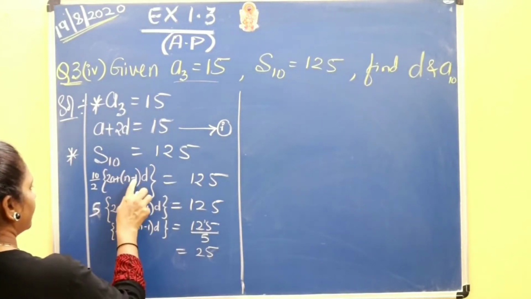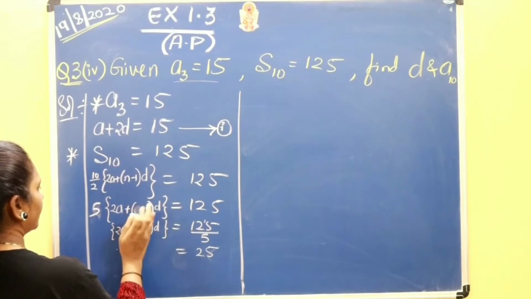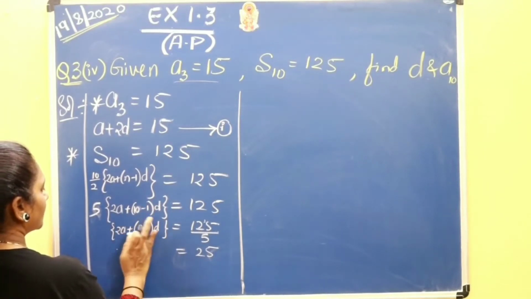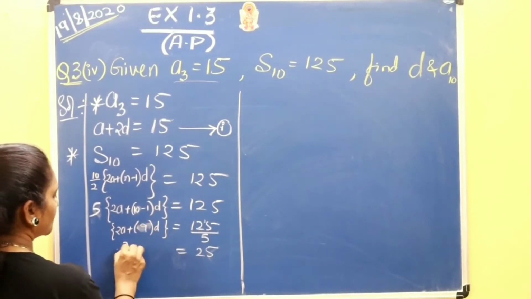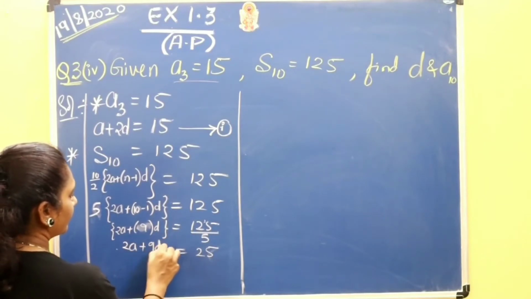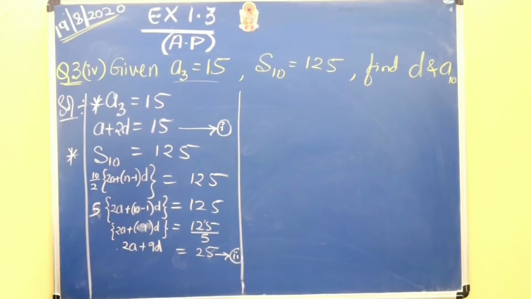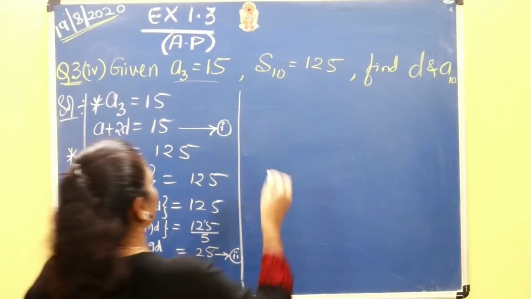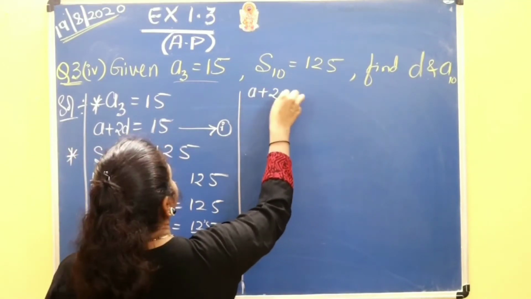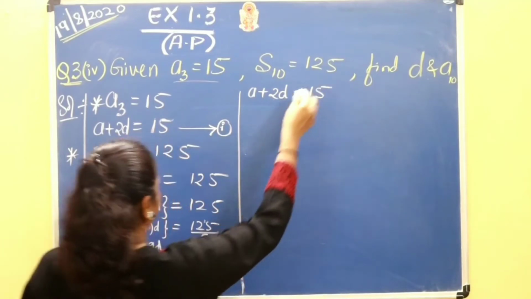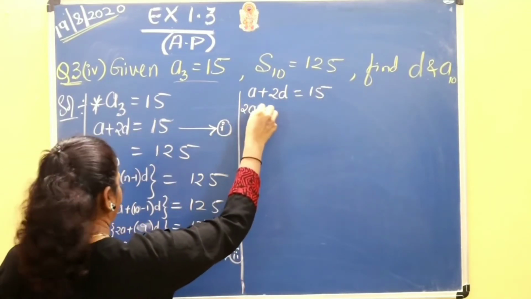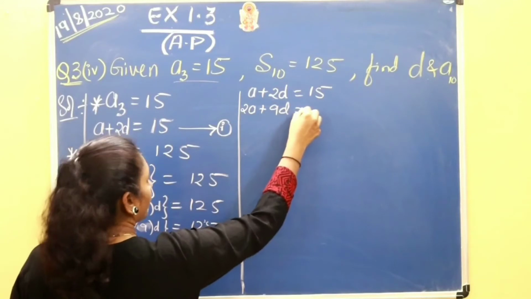So here n minus 1 into d, n is 10 we know, so it is 9d. 2a plus 9d is equal to 25. This will be our second equation. Now when you solve this, you will get the values. A plus 2d is equal to 15 and 2a plus 9d equal to 25.